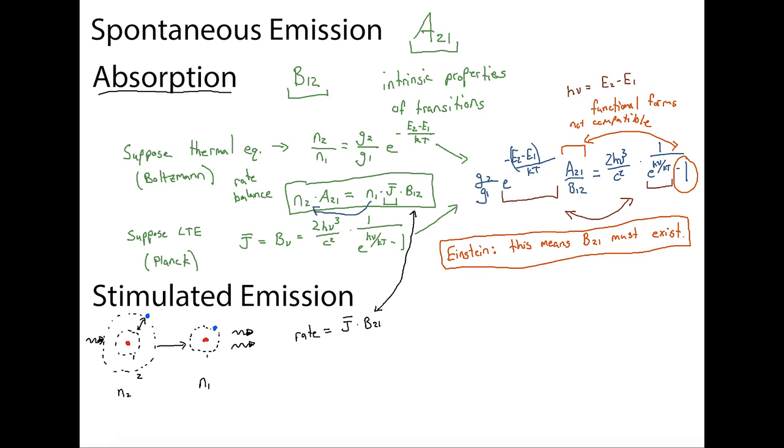So now we can correct this rate equation that we had up here. Einstein says this rate equation was incomplete because it did not account for stimulated emission.